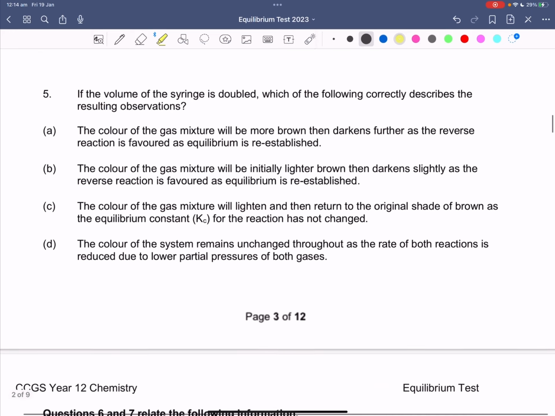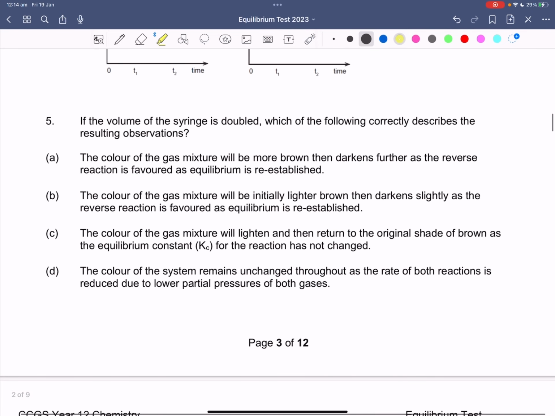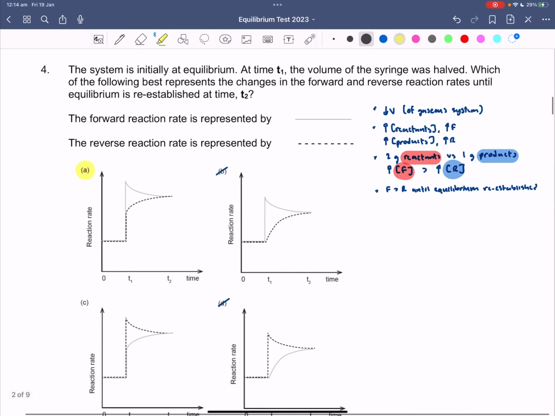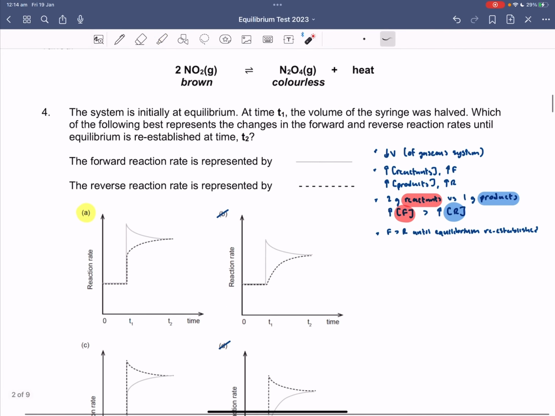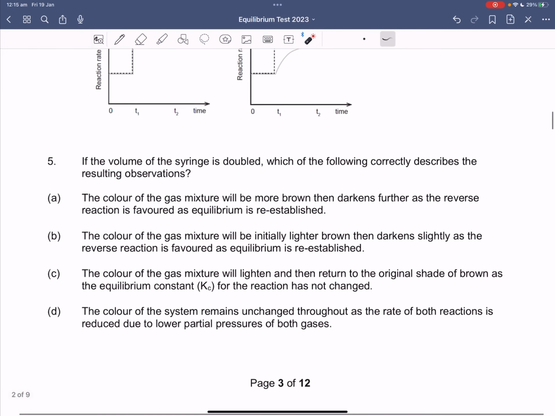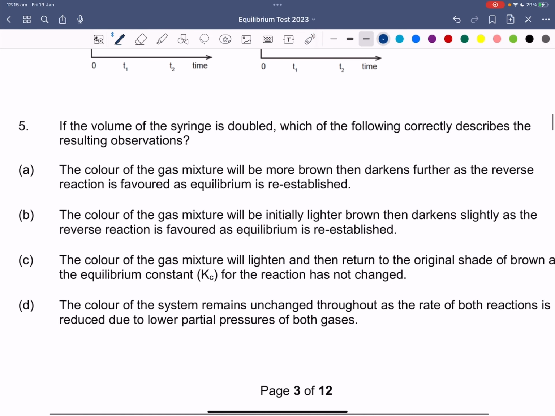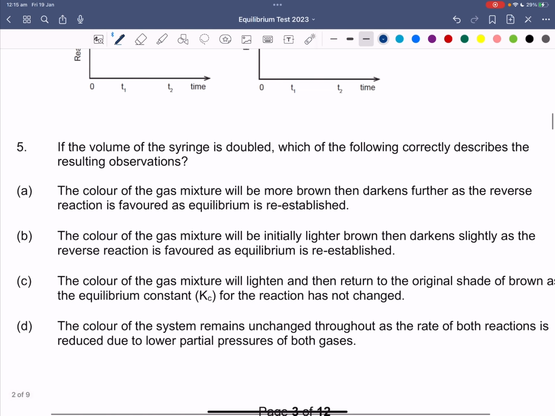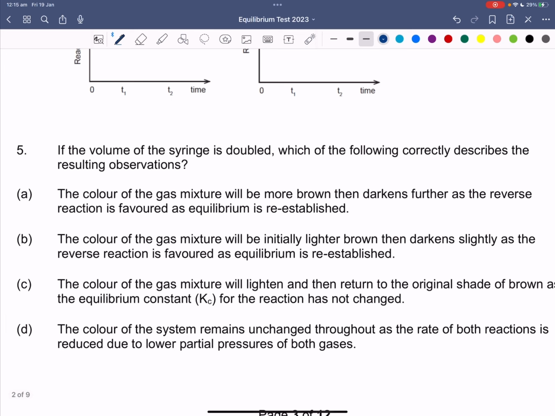Next one. If the volume of the syringe is doubled, which of the following correctly describes the resulting observations? In the previous one the volume was halved. So if the volume of the syringe is doubled, just so you guys understand, the way it works is if we immediately increase the volume, we decrease the concentration of all gas species immediately.